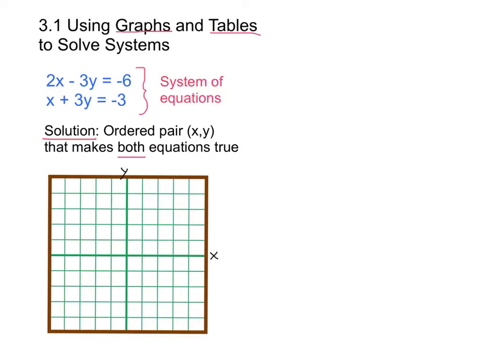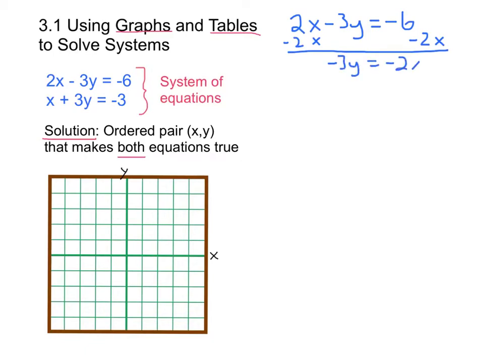Now in order to graph these two equations, we'll first have to put them in the form y equals mx plus b. So I'm going to take the first equation, 2x minus 3y equals negative 6, and subtract 2x from both sides, and that will give me negative 3y equals negative 2x minus 6.